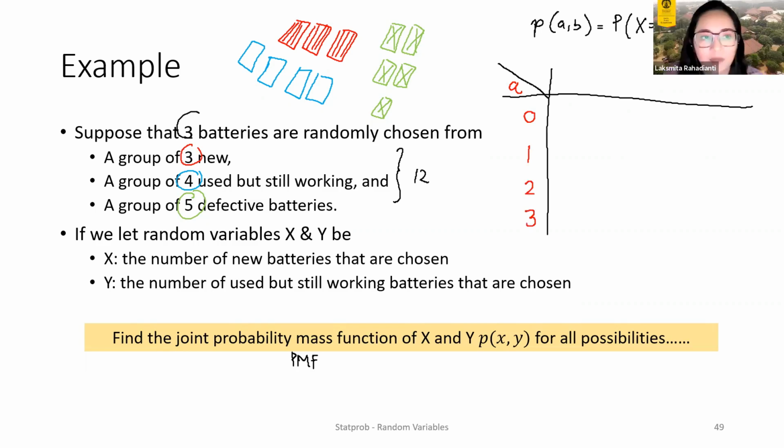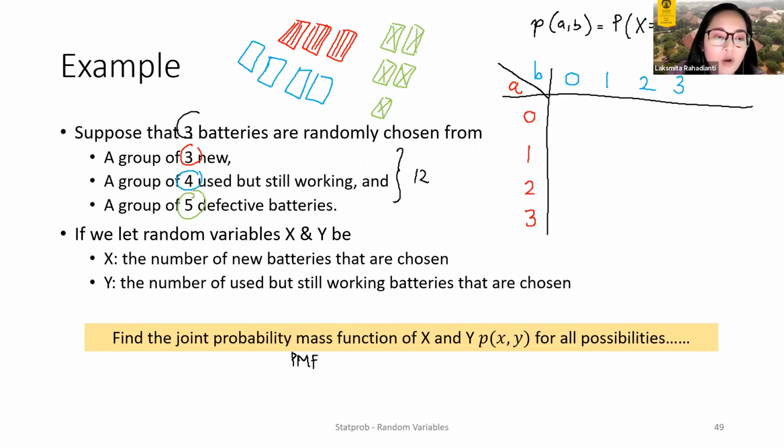Next, we're going to consider Y, the number of used but still working batteries that are chosen, which can be any value of B. In any case that I'm taking 3 batteries, I could end up with 0 used but still working batteries, 1, 2, and 3. Same case, right?